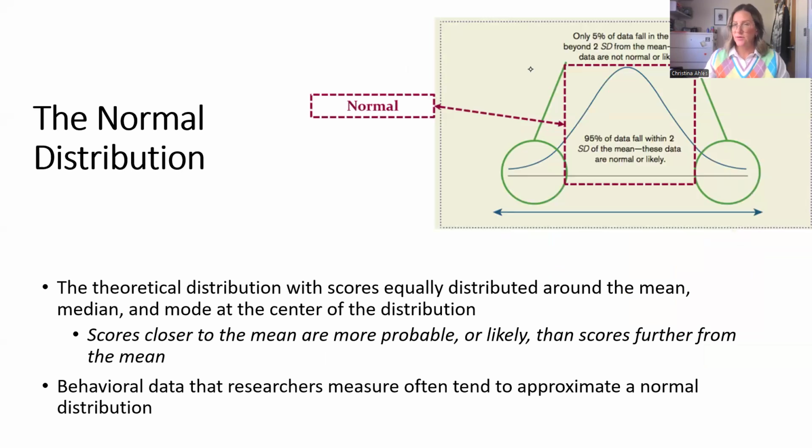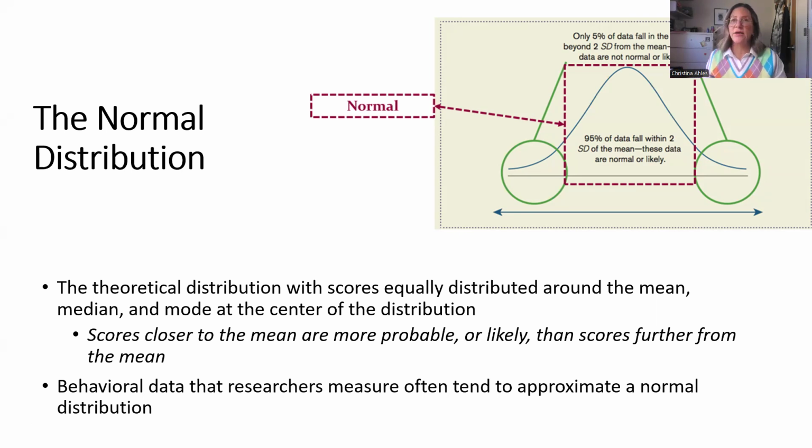So all of this is going to be applied to normal distributions. So I'm going to move my little face out of the way so we can talk about this. The normal distribution is basically a theoretical distribution where all the scores are equally distributed around the mean. It's a symmetrical distribution where if you fold it in half, both sides are even, and the scores that are closer to the mean are more likely to occur, or more probable, than the scores that are far away from the mean.